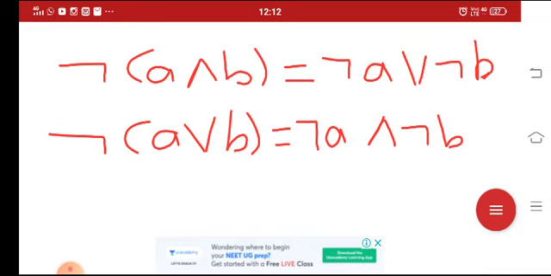This is another example of reducing the scope of negation.